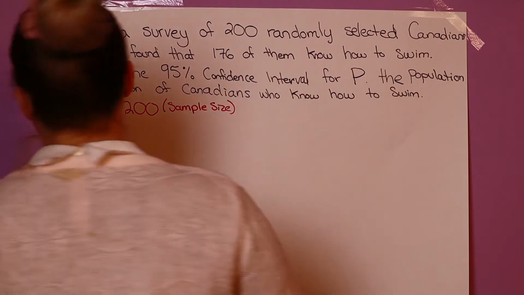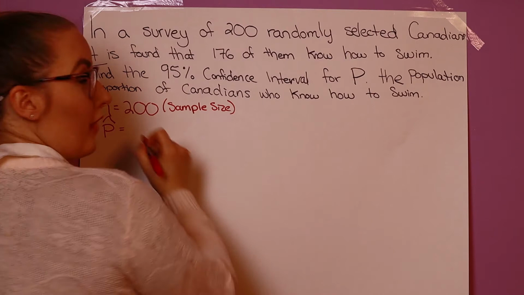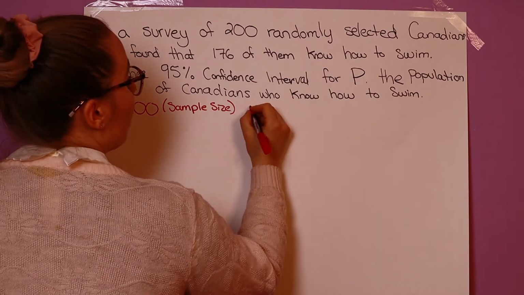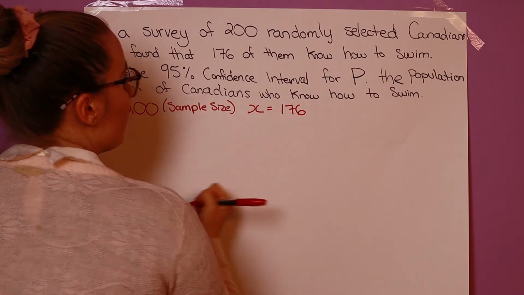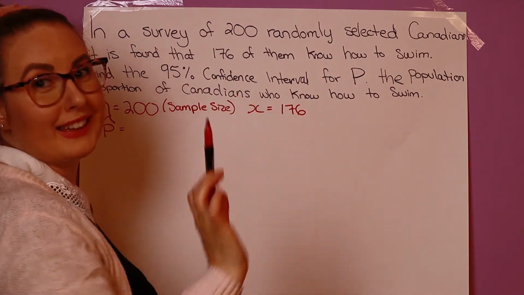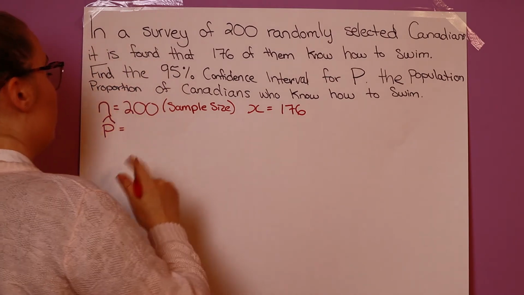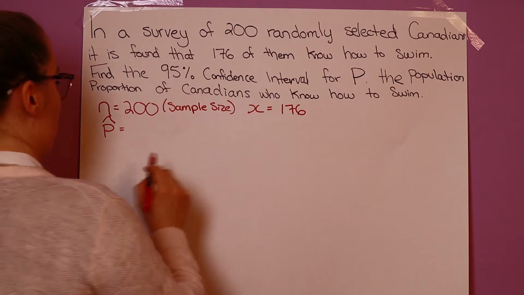Capiche? All right, we're also going to show, so we have N = 200, okay? We have X, which is going to equal 160, because those are the amount of yeses that can swim, okay? Now we're going to find p-hat.